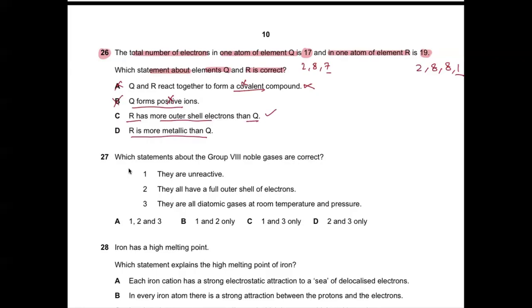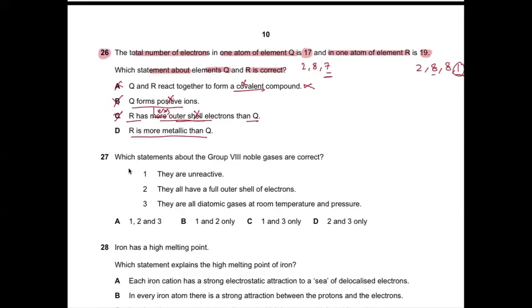Hmm, no. I thought it said more electron shells. So more outer shell electrons, no. R has only one outer shell electron and Q has seven. So it is going to have fewer outer shell electrons. So C is wrong. R is more metallic.